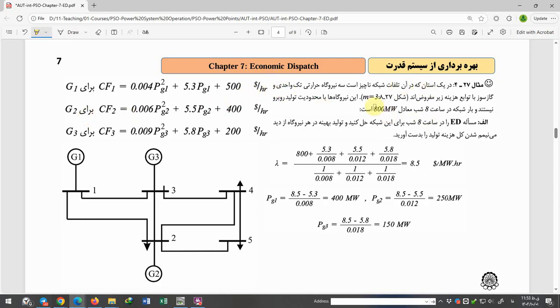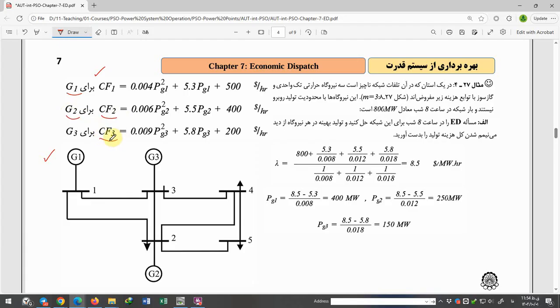In these examples we have a power system with three generators, G1, G2 and G3, and its cost functions are formulated like this, in dollars per hour: cost function number 1 for generator 1, cost function number 2 for generator 2, cost function 3 for generator 3.